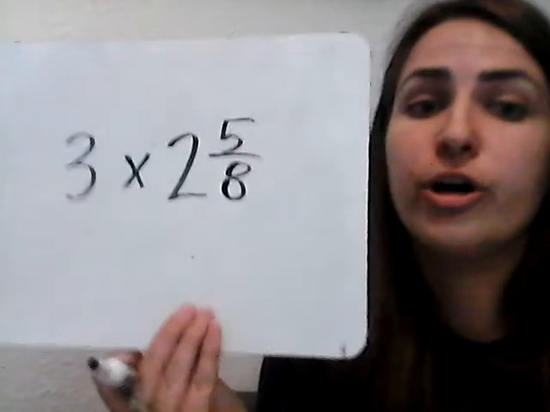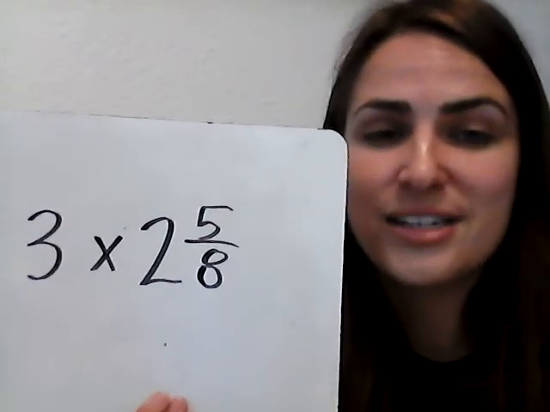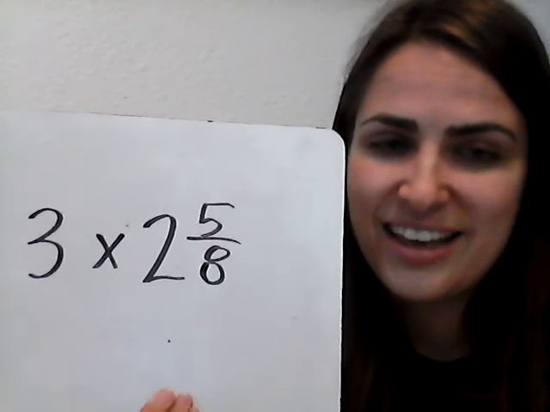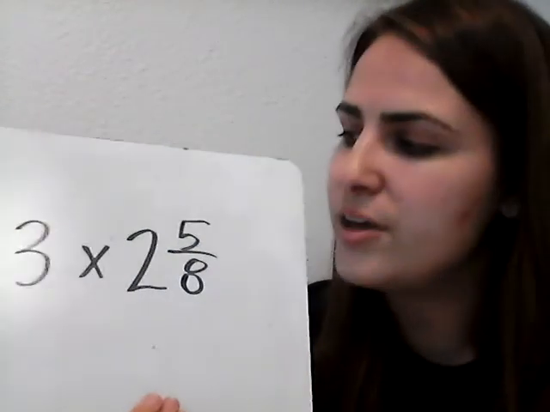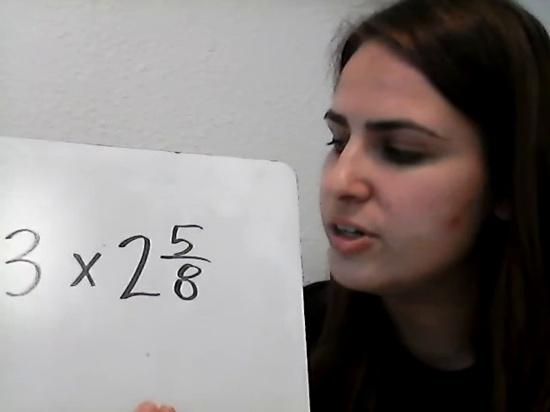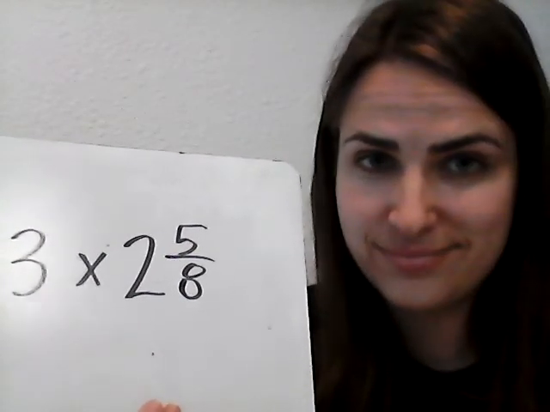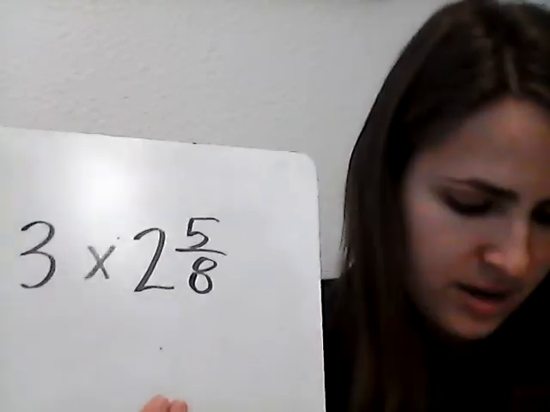So I would like for you guys to try 3 times 2 5/8 on your own. Again, you can use a tape diagram and you can use the distributive property. Also, I would like for you to leave your answer as a mixed fraction.